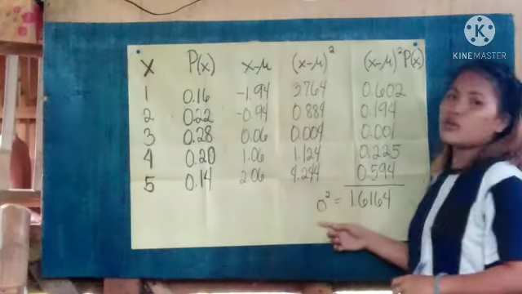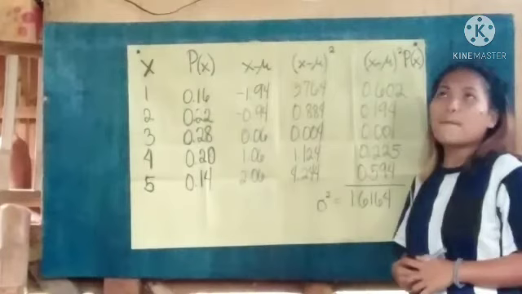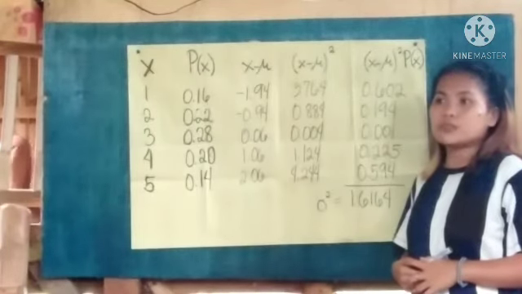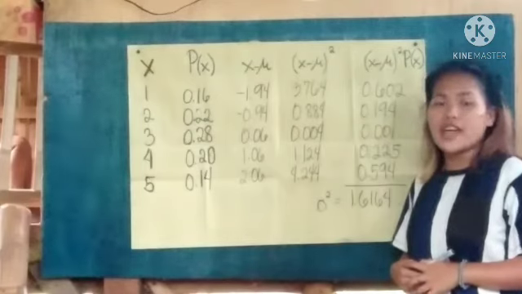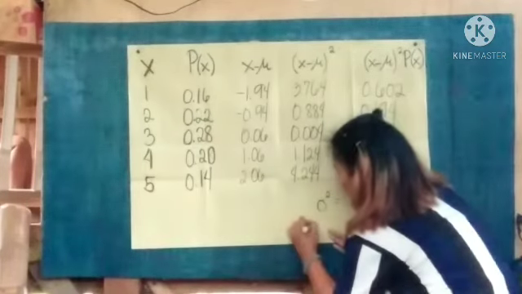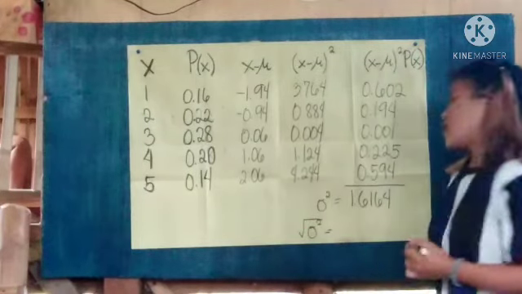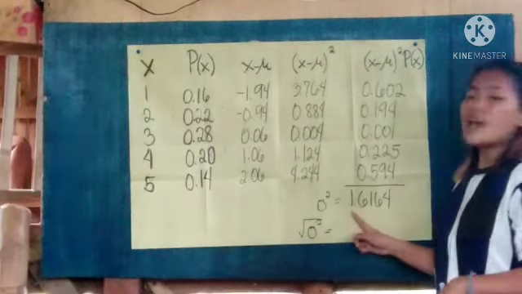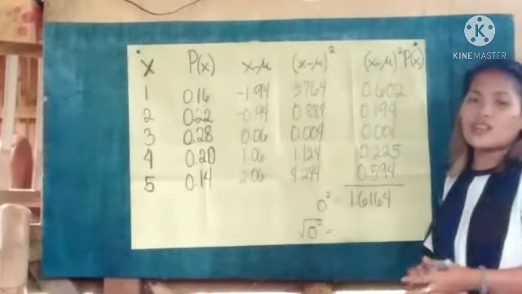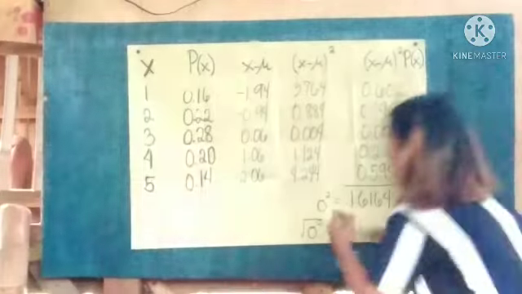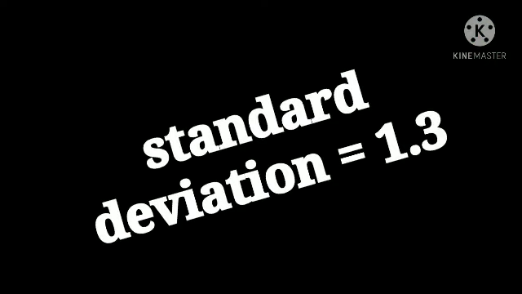So this is now the variance. To find the standard deviation, let us find the square root of the variance. So the square root of the variance, 1.6164, is equal to 1.3. So this is now the standard deviation.